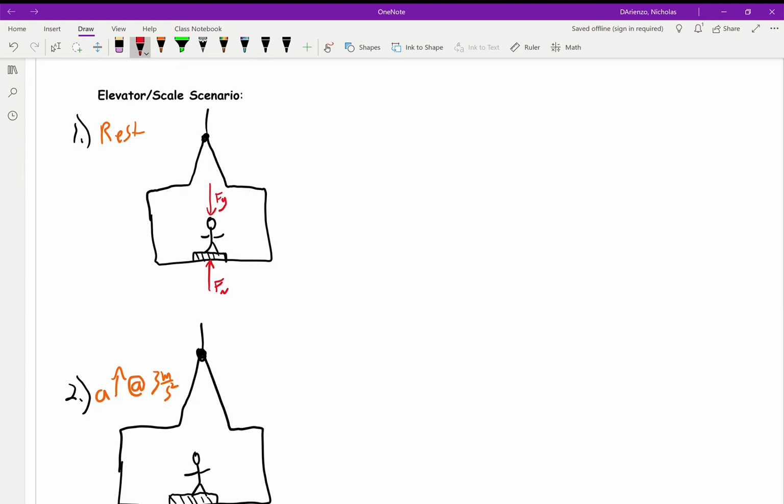So the person in this scenario is applying their weight down onto the scale, and the scale, according to Newton's third law, is applying a force back up onto the person. And right now at rest, the weight of the person is equal to the normal force. If we consider the weight of that person, we know that it's the mass of that person times the acceleration due to gravity, or g.